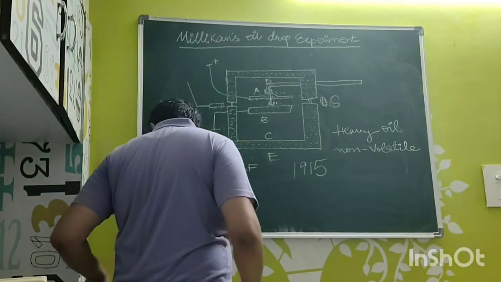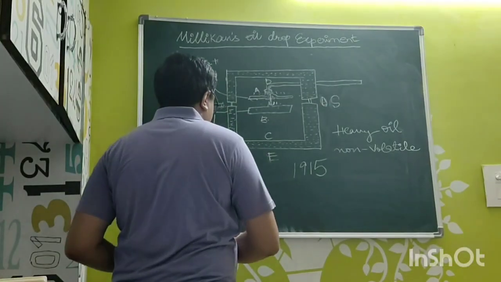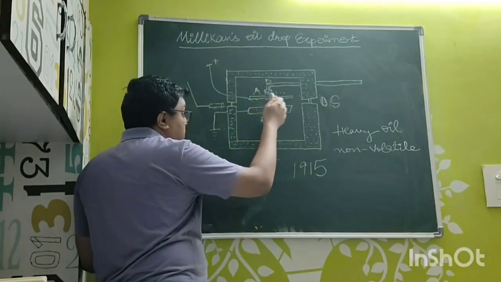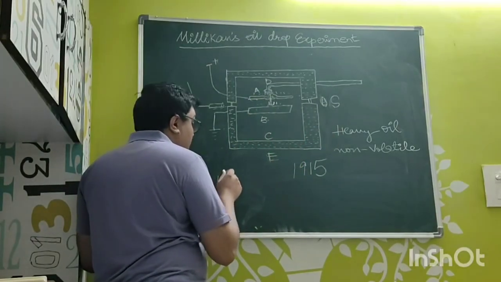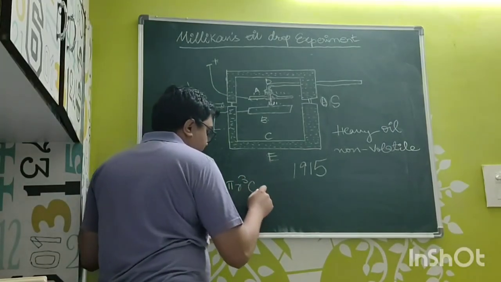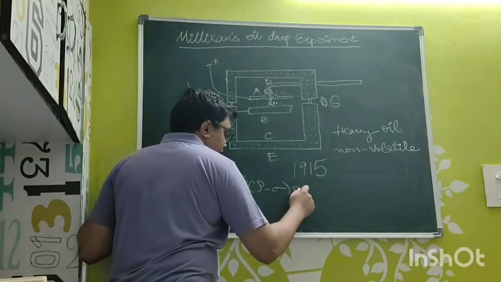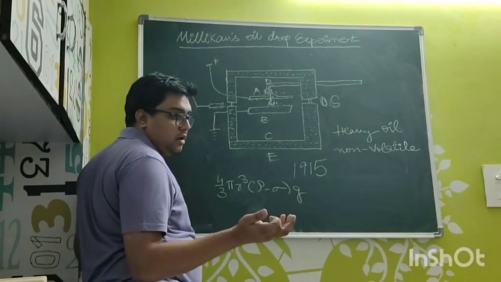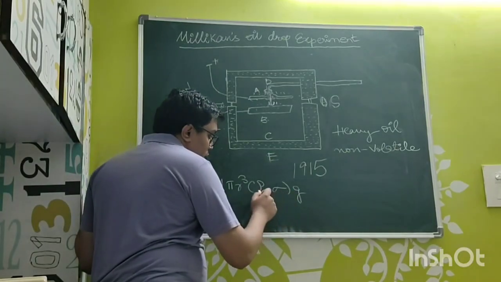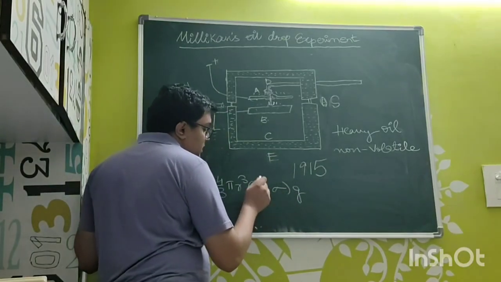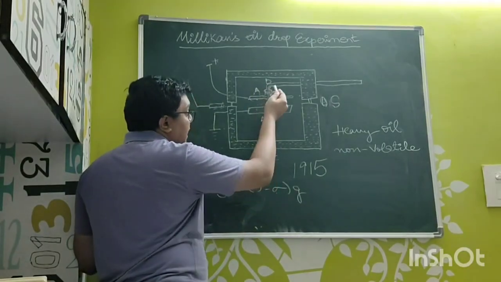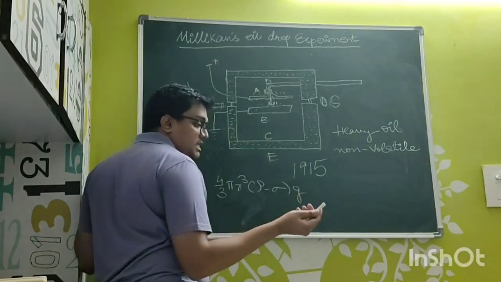How do we calculate that? Since the droplets are spherical, the weight force is 4/3 π r³ (ρ − σ) g. 4/3 π r³ is of course the volume of the spherical droplet. ρ is the density of the oil, σ is the density of the air in between, and g is the acceleration due to gravity.